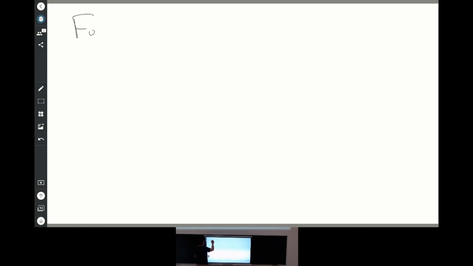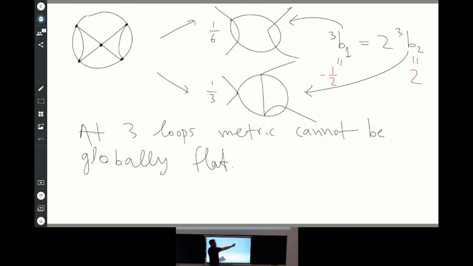At 4 loops, there was a paper by Ian Jack who analyzed the 4-loop case. And here you find that there are equations like this that arise that not even a metric can fix.